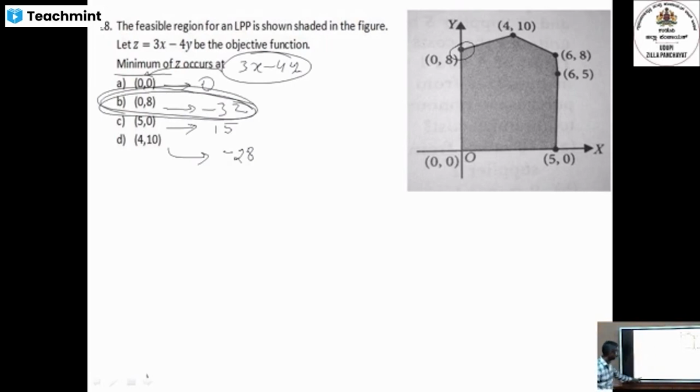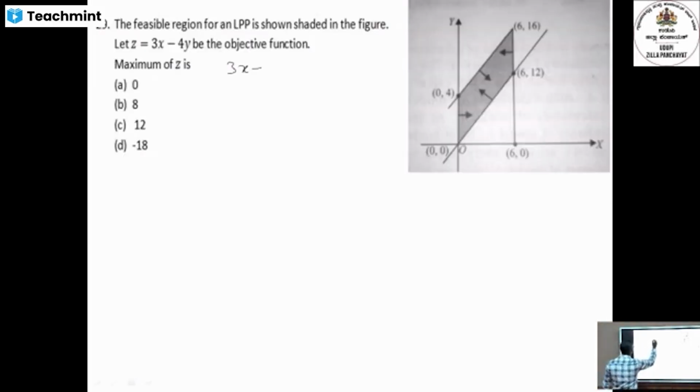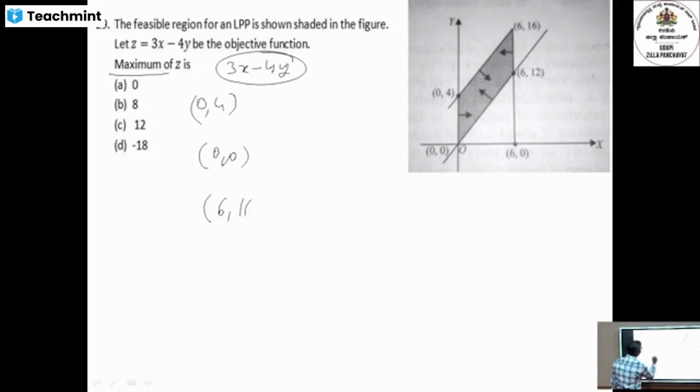Now let's come to the 29th question. In this question, Z equals 3x minus 4y is the objective function. Same function we have taken again. Find the maximum of Z, but you see that the corner points are different. So let us use the corner points: (0, 4), (0, 0), (6, 16), and the last one is (6, 12).